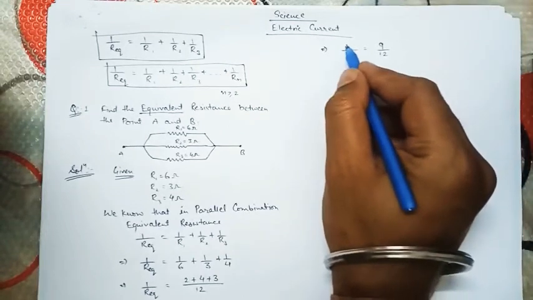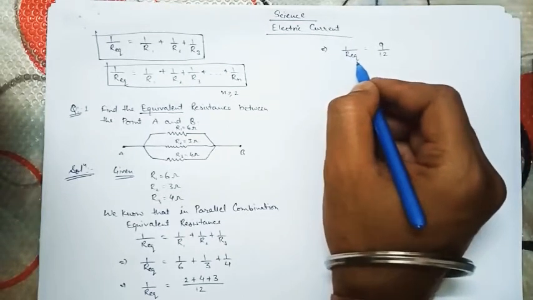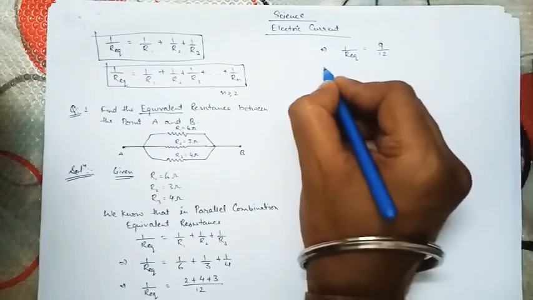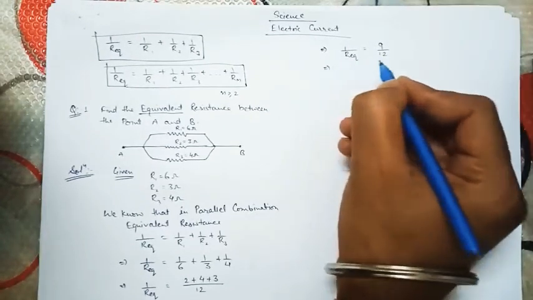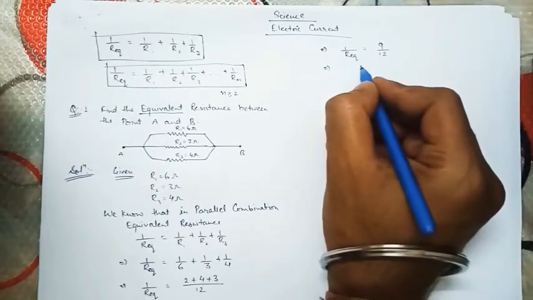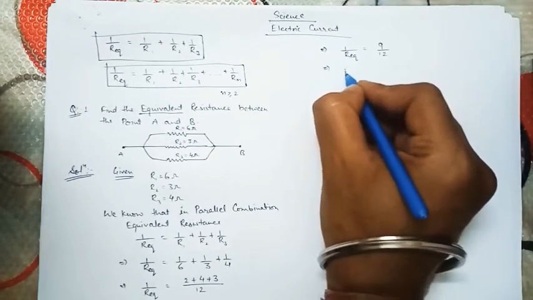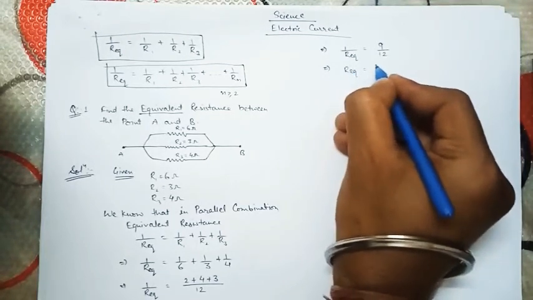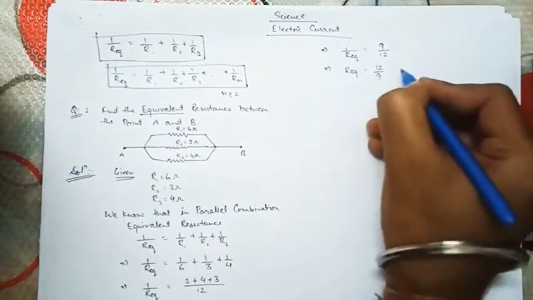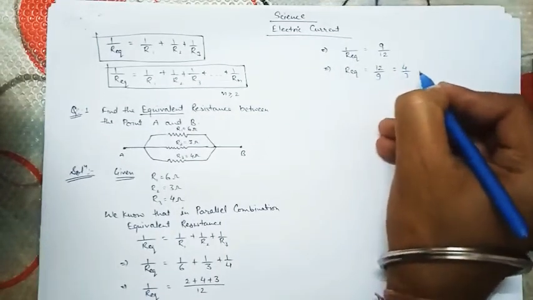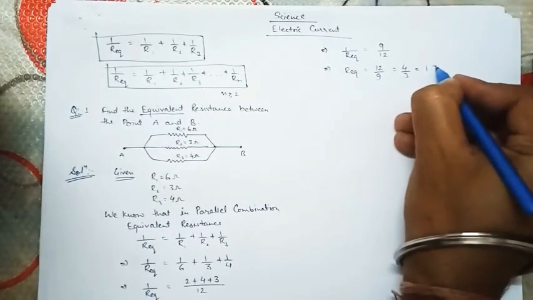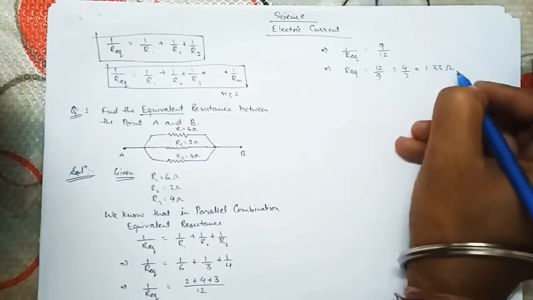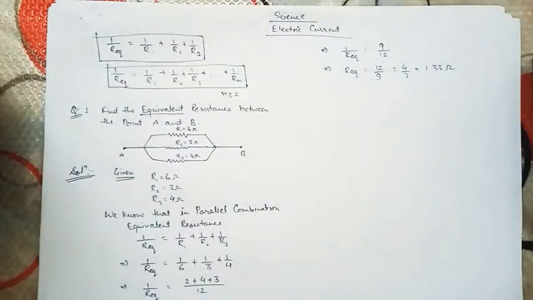This is the value of 1/R equivalent. So we must be careful: R equivalent equals 12/9, that is 4/3, or we can say 1.33 ohm. Okay, it is the value of equivalent resistance between point A and point B.